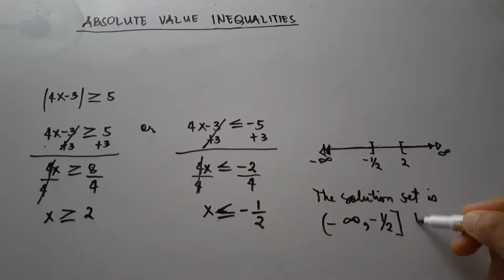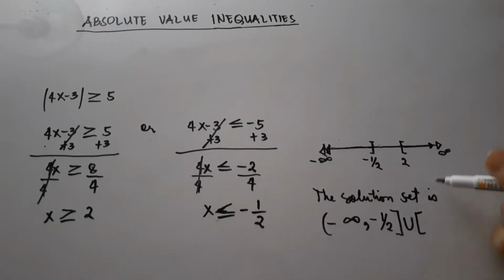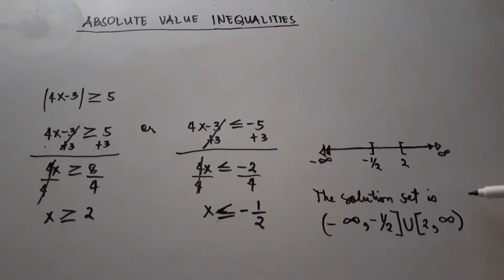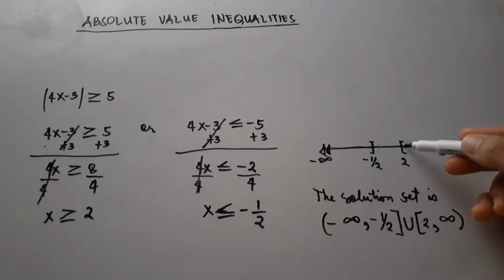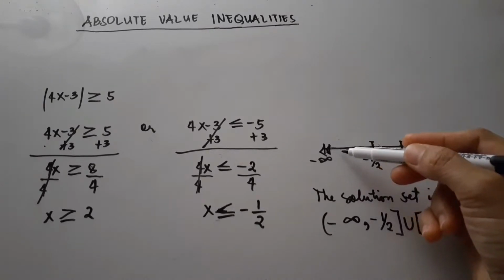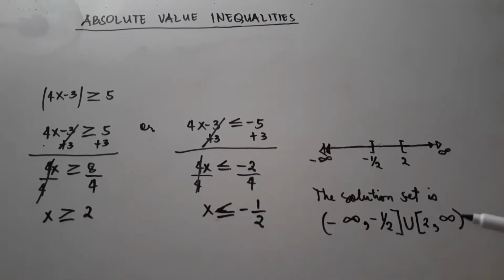Then, remember to put the union here, the union with 2, which is a closed interval since 2 is included in the solution set, and positive infinity, which is an open interval. Remember the directions. So this is our solution, and this is our answer.